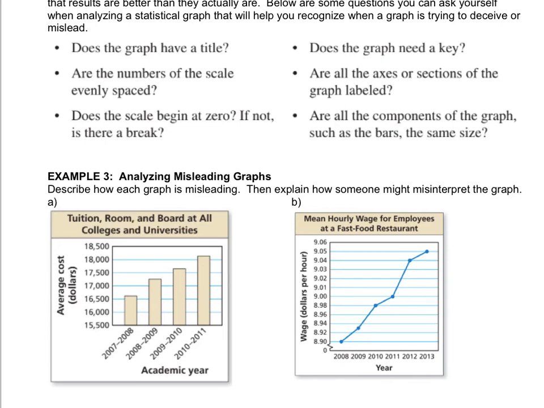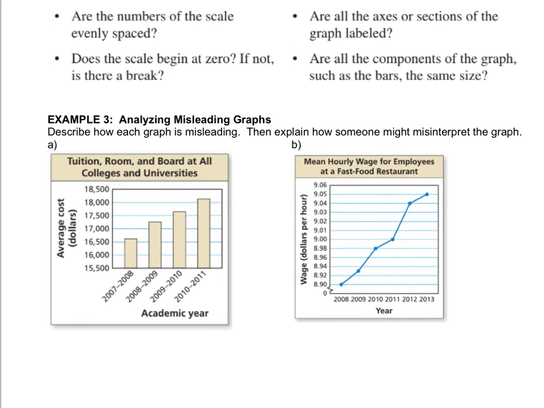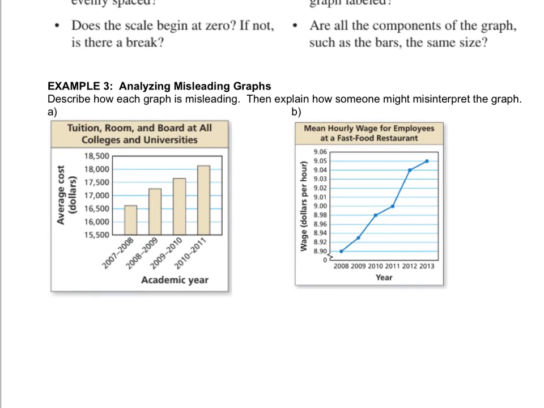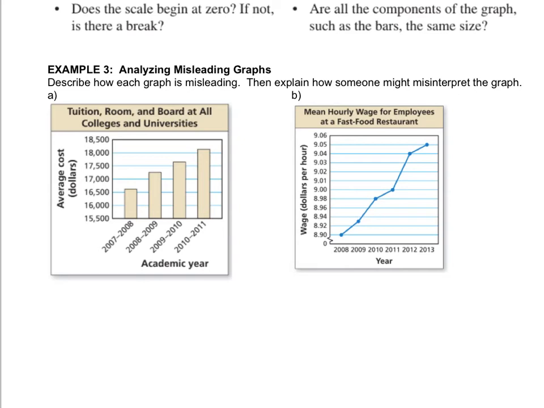So we have to decide how each graph is misleading, and then we have to explain how someone might misinterpret it. So in graph A, if you notice, there is no breakdown here. It goes straight to 15,500. And if you look at this first line, it's a little over 2 boxes. And then this other one is a little over 5 boxes.